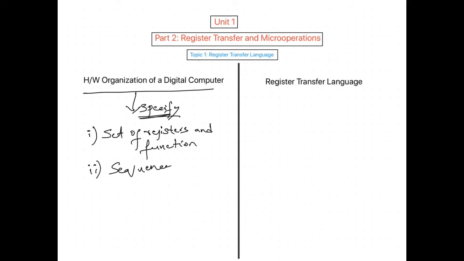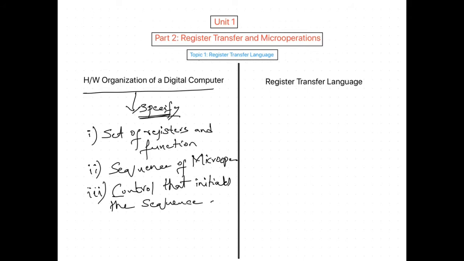The third one is control. I have specified the sequence of micro operations, and this sequence is ensured by the control unit. The control initiates the sequence of micro operations. So these three specify the hardware organization of a digital computer.